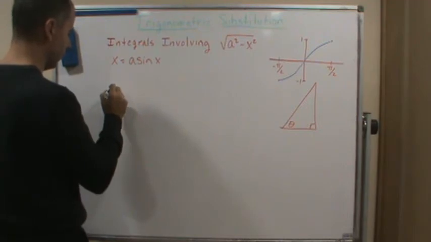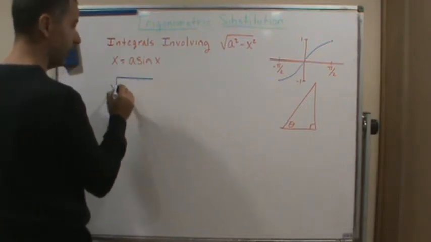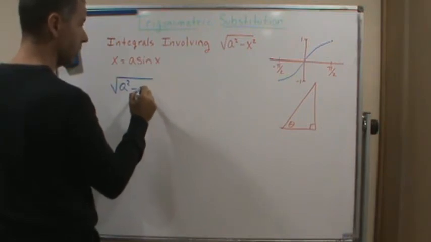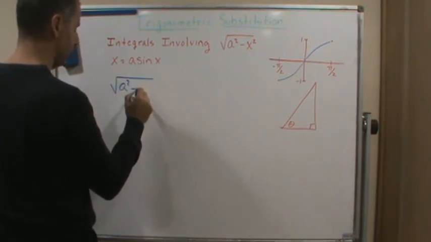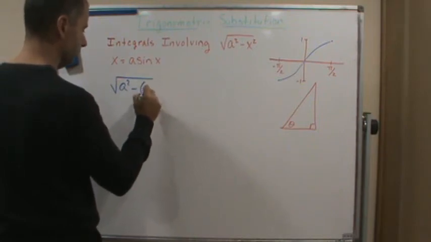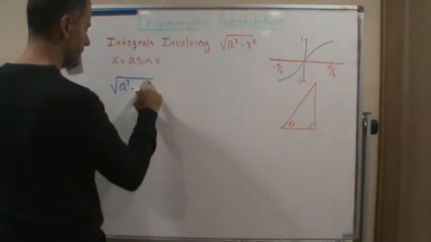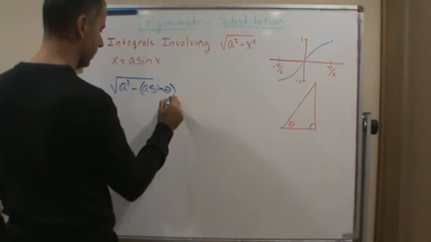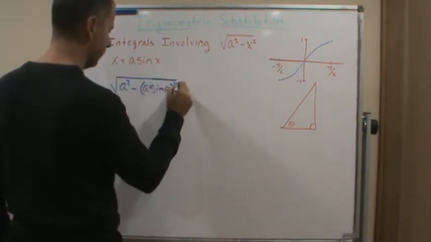So we have a squared minus a sine theta squared.